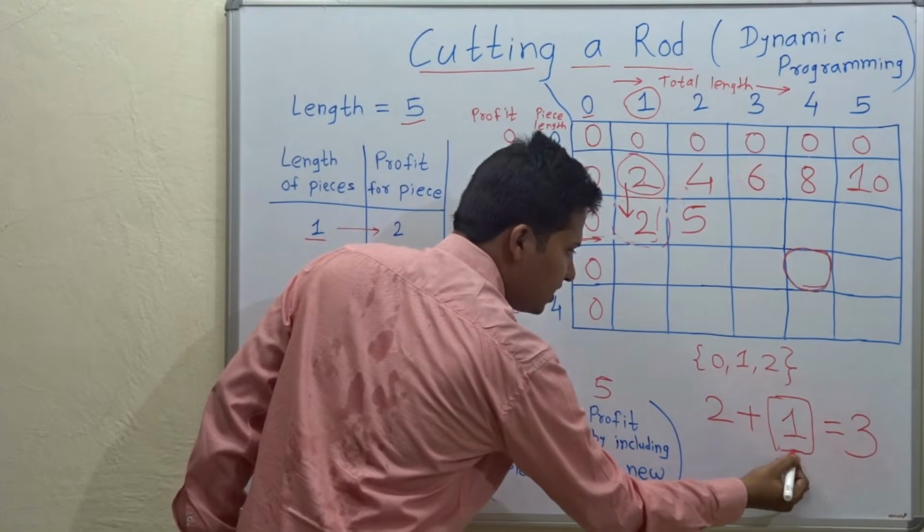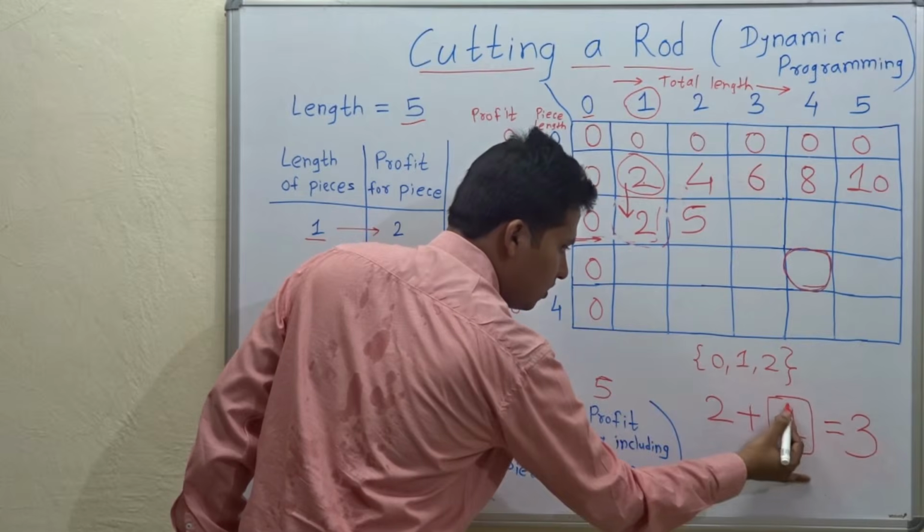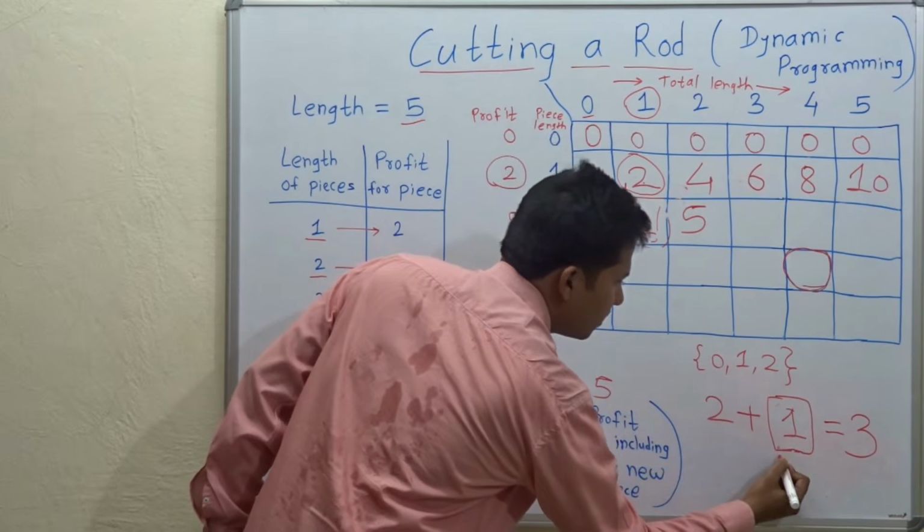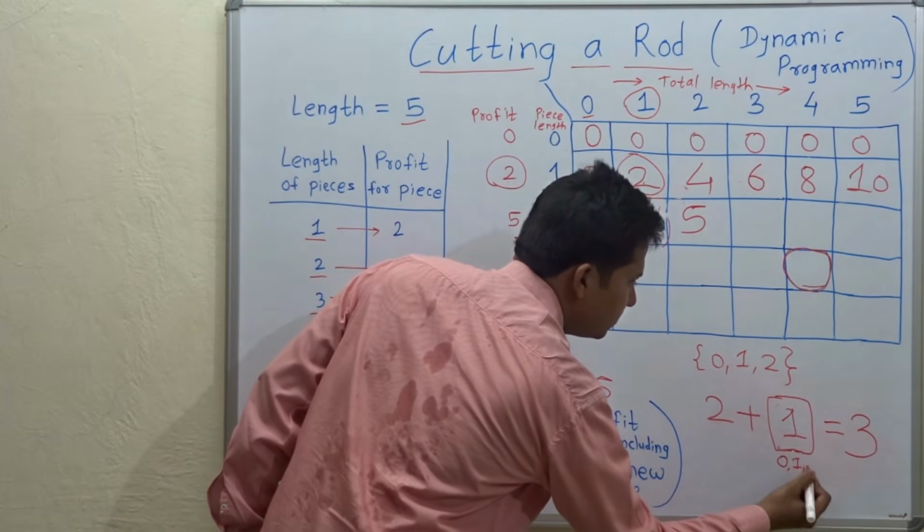So the problem drills down to make a length of 1 by using coins 0, 1, 2.